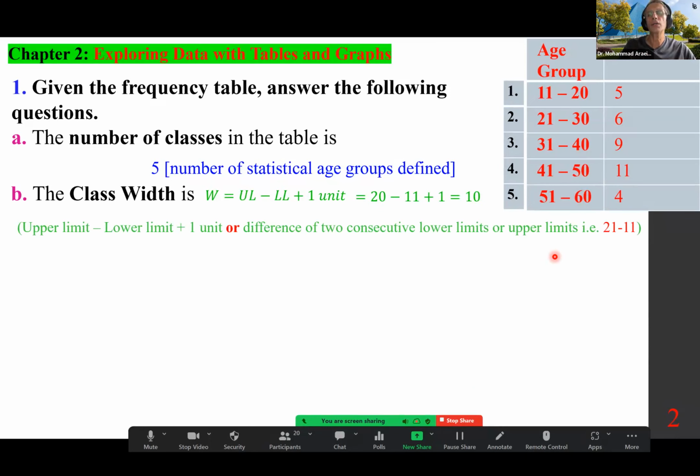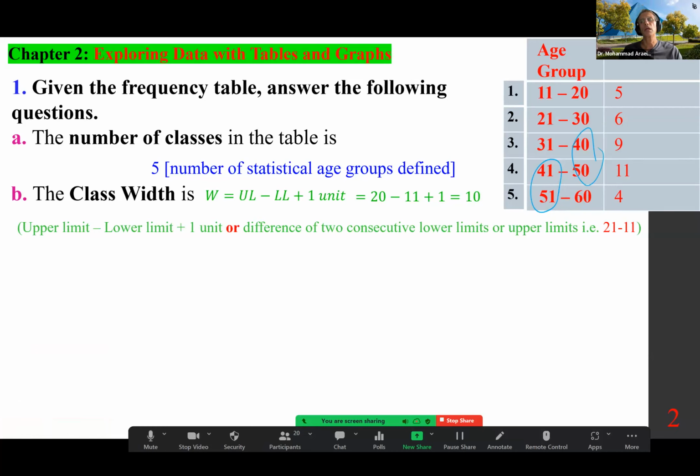Or if you look at 2 consecutive groups or classes, then just subtract one from the other. For example, let me pick some and then I'm going to erase them. If you go with these two, 51 minus 41. If you go with these two, as long as they're consecutive, 50 minus 40.